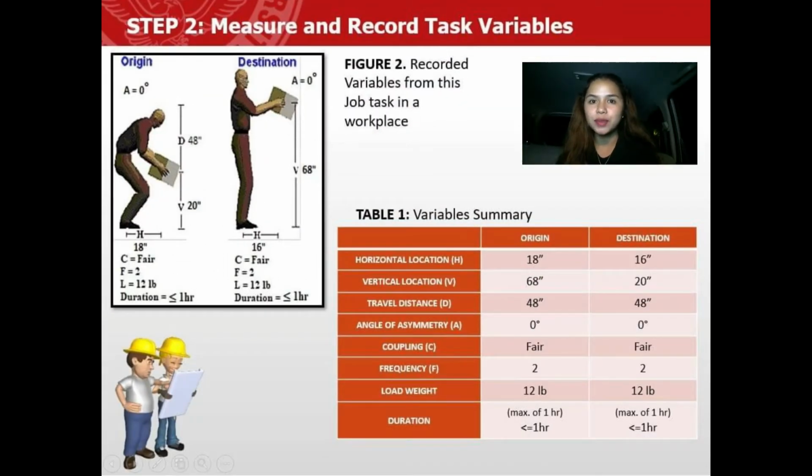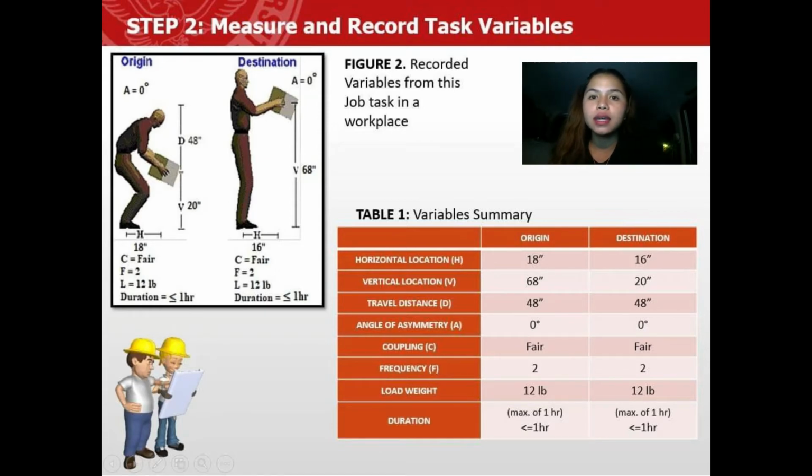Here we go with step 2. Here, we measure and record the task variables data in table 1. So here's the variable summary in table 1. These are the recorded task variables observed in the materials and supplies department.